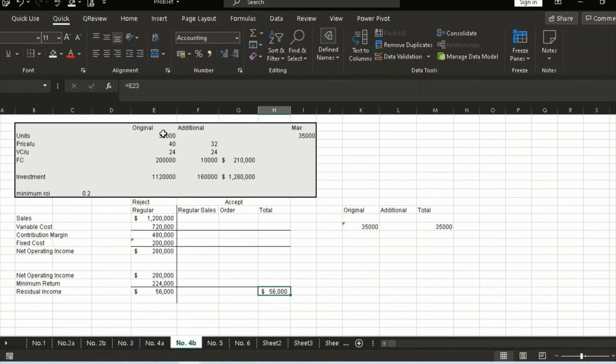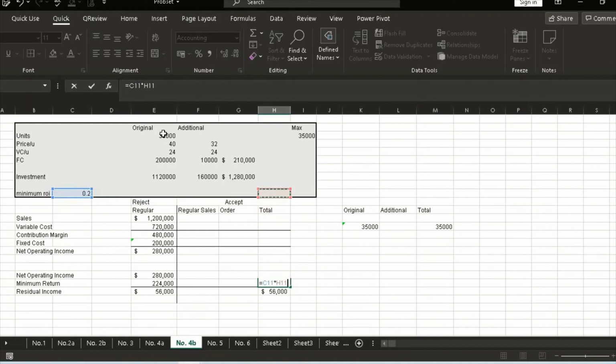From this figure, we will work back. For the minimum return, that is 20% of the total investment. The original investment is 1,120,000 and the additional is 160,000. The total is 1,280,000.